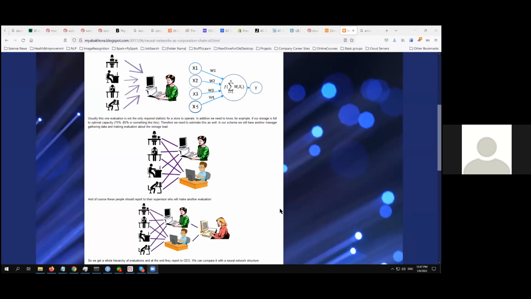So, a neural network could be very easily imitated by a corporation's chain of command. You have people who gather different information about storage, about how many goods you have to sell in one week, and about what budget you can spend on the things you buy and then sell. You bring all this information to some manager, and there could be several managers if your stuff is complicated enough.